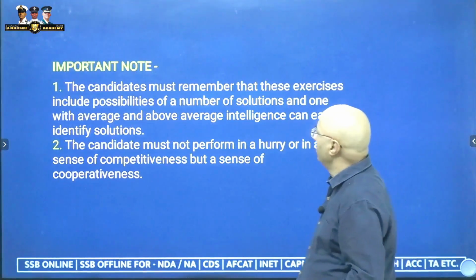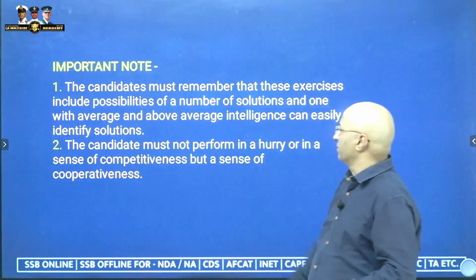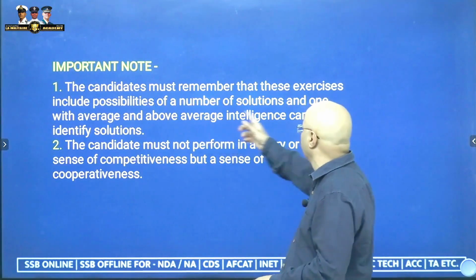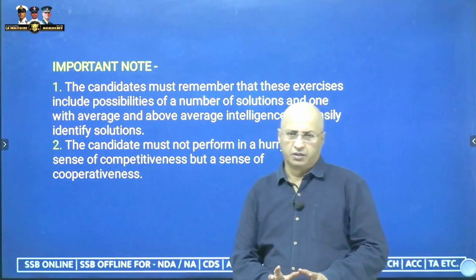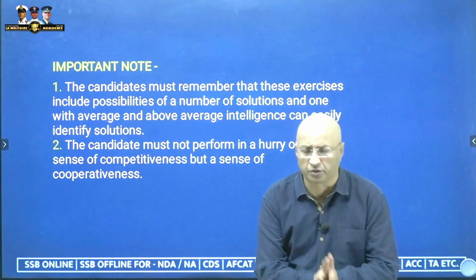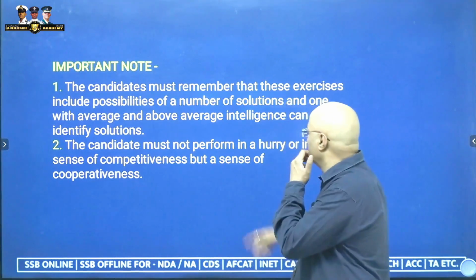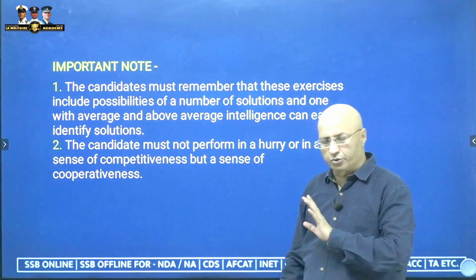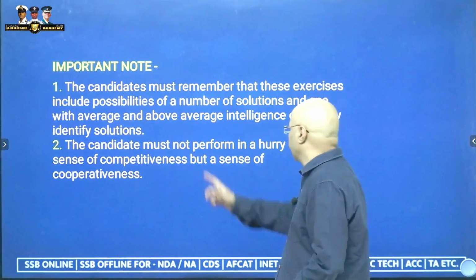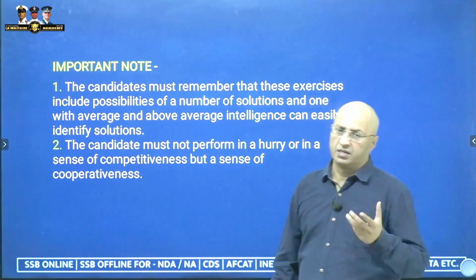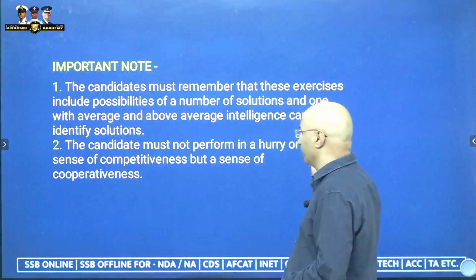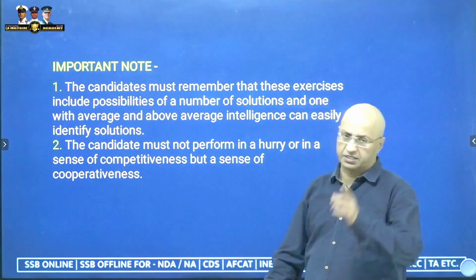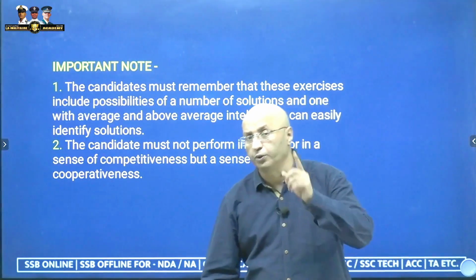Is it clear? The candidate must remember that these exercises include the possibility of a number of solutions. It is not only one solution, but a number of solutions. One with average and above average ability can easily identify them. Remember, so never lose hope. The candidate must not perform in a hurry or in a sense of competitiveness, but with a sense of regularly putting it across.